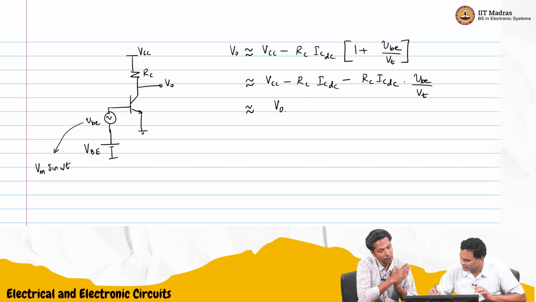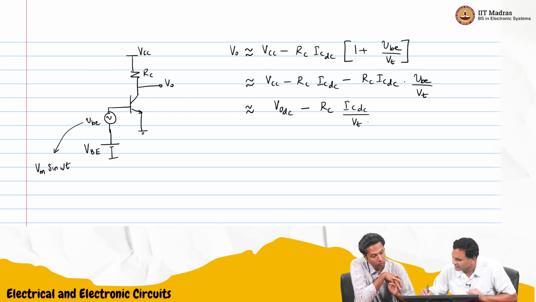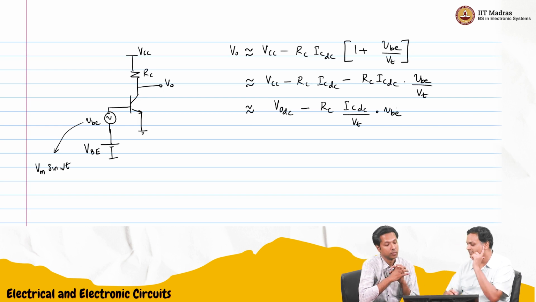We said this is V0DC minus RC ICDC by VT times VB. I'll write it like this.